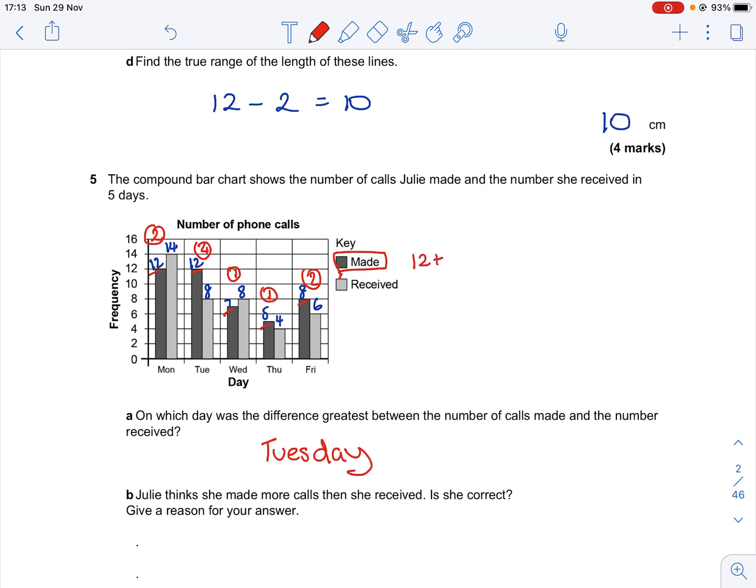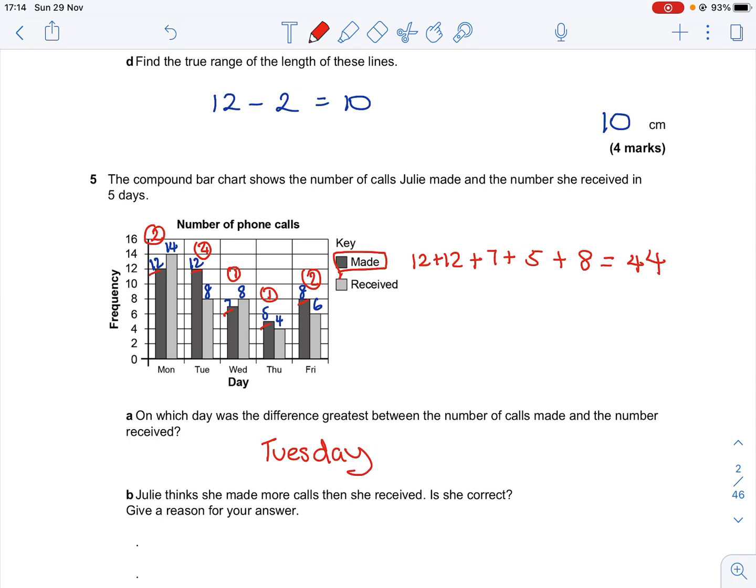So 12 plus 12 is 24, plus 7 is 31, plus 5 is 36, plus 8 is 44.